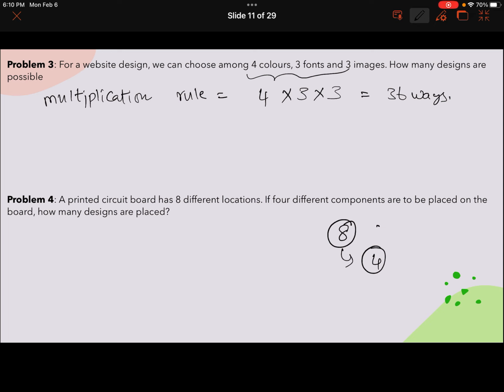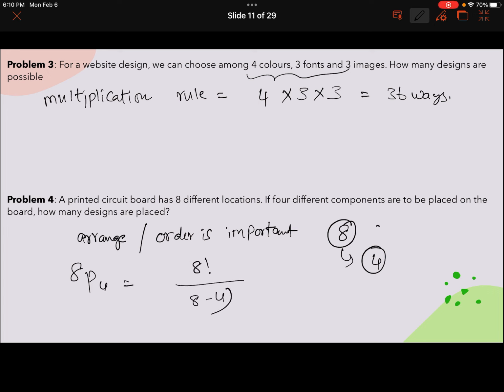Here the keyword is arrangement, as well as order is important. Order is important, so we'll go with permutation. 8P4, 8 factorial by 8 minus 4 factorial. It will give 1680 ways.